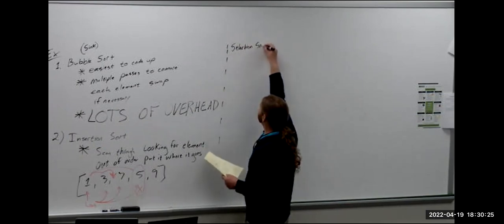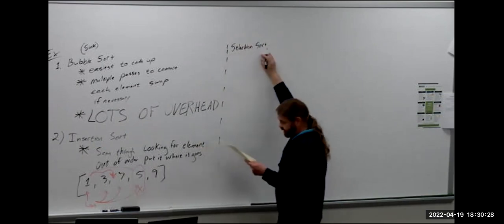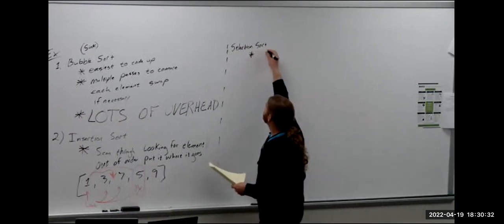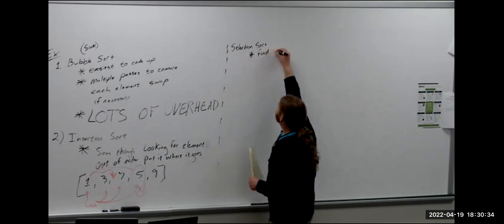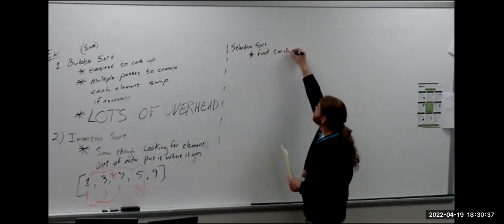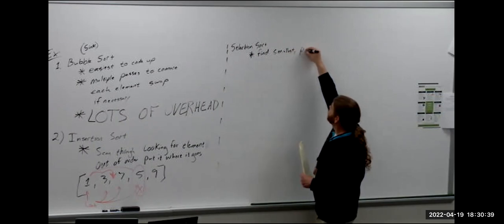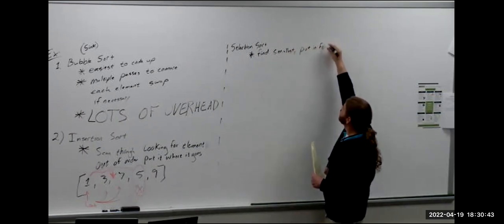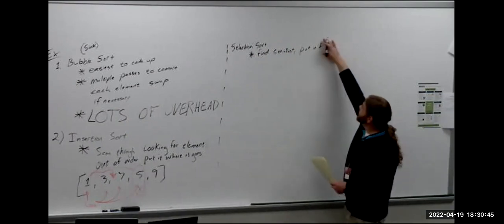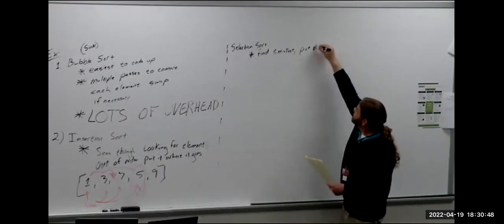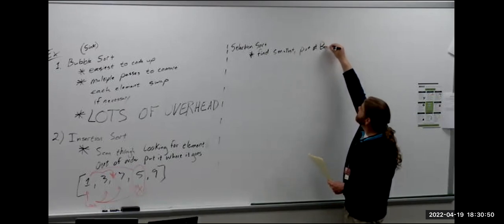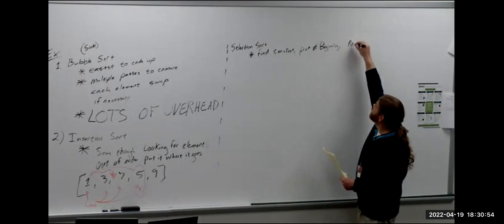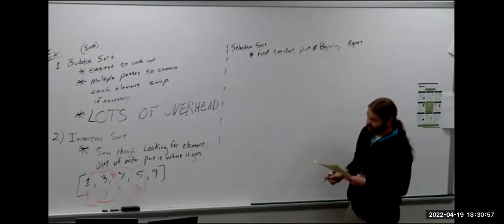A selection sort is: find smallest, put it in front, or at the beginning of the array, put it at beginning, and repeat until we've got everything in order.